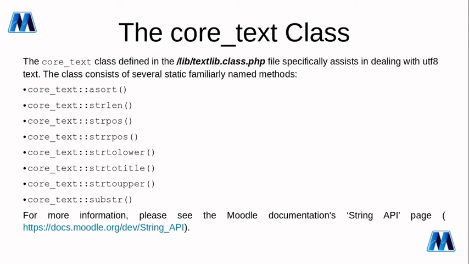It has several static methods, familiar to anyone who's a PHP developer, that reflect the core functionality. So you've got things like a sort, string length, string position, to lower, to upper, and substring. For more information, you can look at the class itself, or follow the link in this presentation on this page.